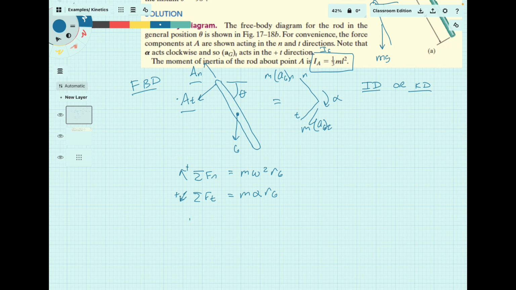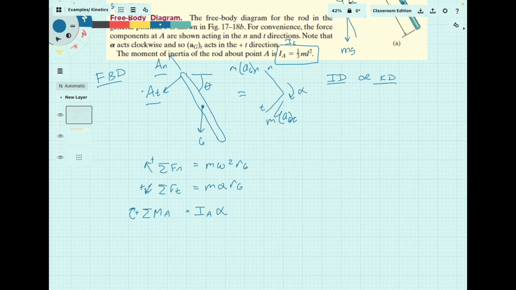And our moments will be, as I mentioned, at point A in this case, as opposed to the CG. So that's going to be moment of inertia at A times alpha. And then plugging in what we have, I'm keeping everything in terms of variables for the moment.